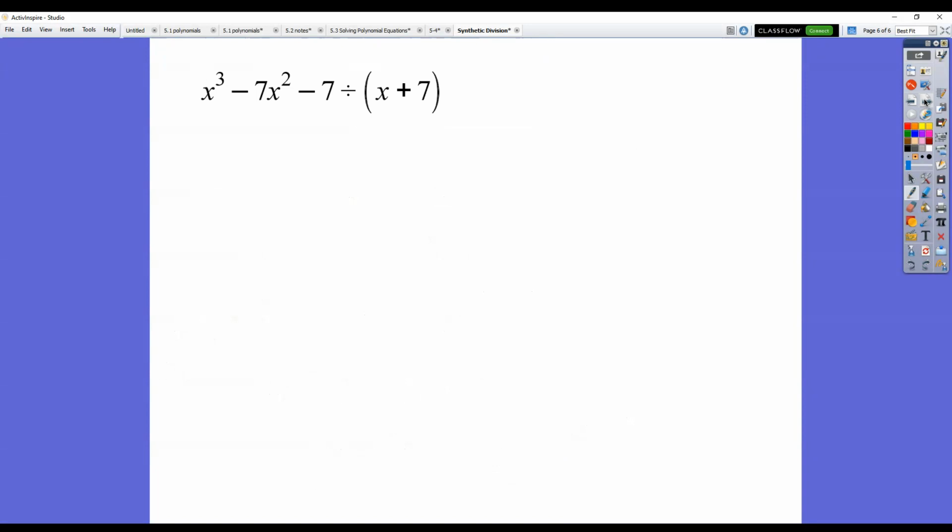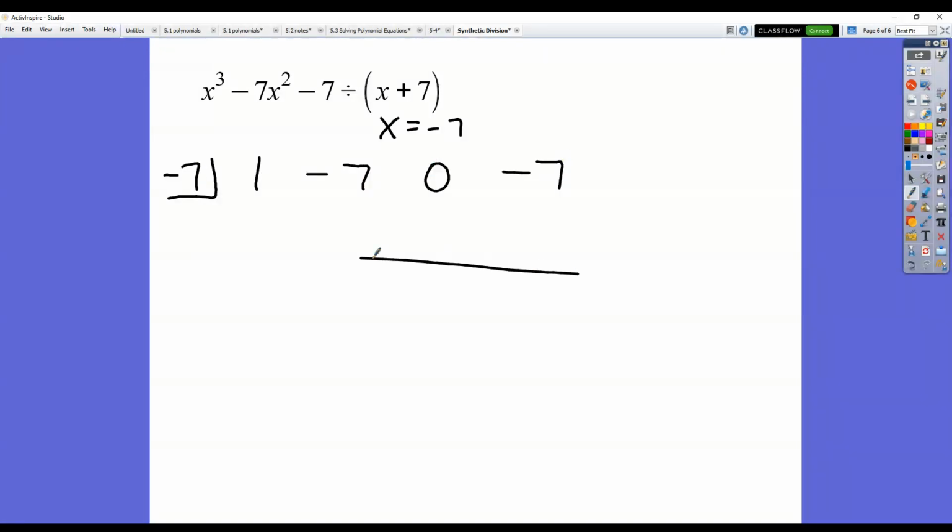Okay, again, pause the video, see if you can do this one. You're missing a term. Drop down the first number, multiply, and we add. And this is going to get really messy. What is negative 14 times 7?